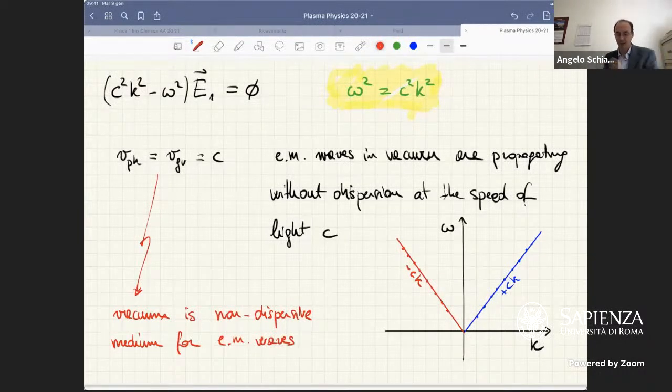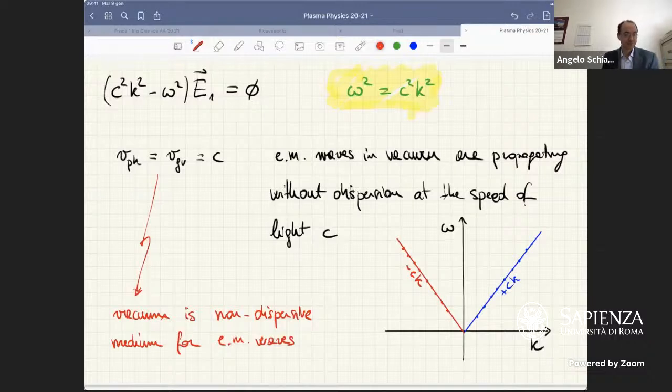In our experimental labs, we are continuously producing and detecting radiation sent to the plasma and coming from the plasma, so that we always have to take this into consideration.